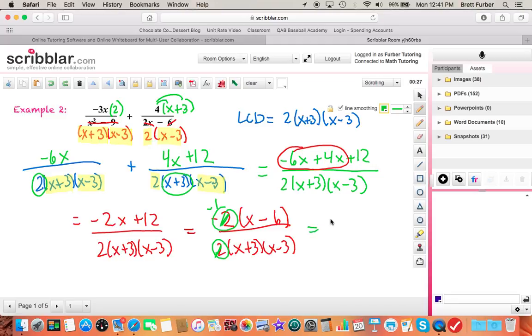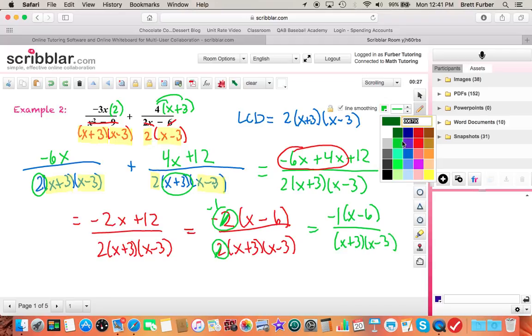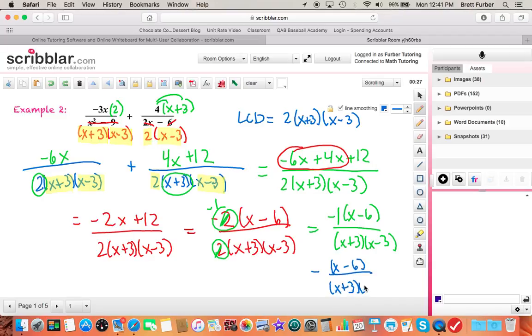Okay? So here's where it gets a little tricky. I can do this one of two ways. I could leave this negative in front of the whole fraction, like that.